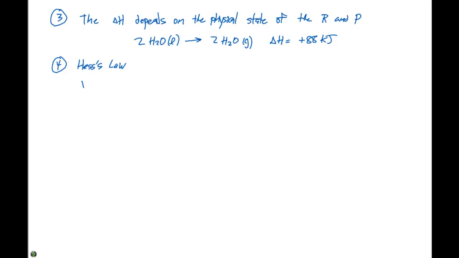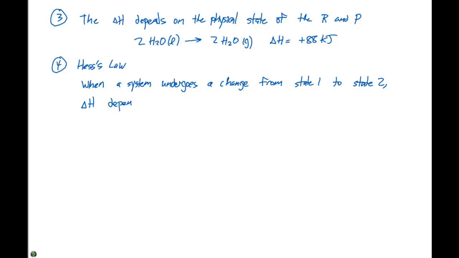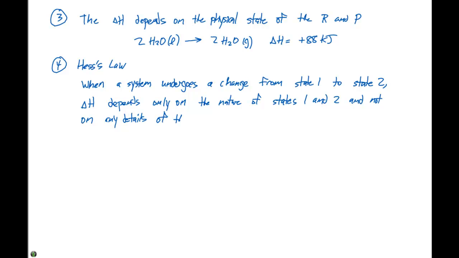So what we can say about this is that when a system undergoes a change from state 1 to state 2, delta H depends only on the nature of states 1 and 2 and not on any details of the path.